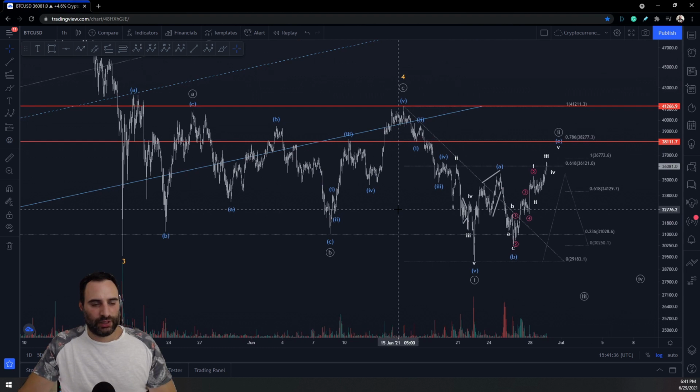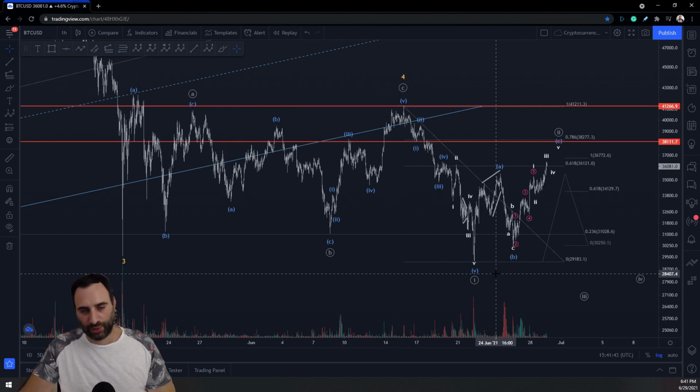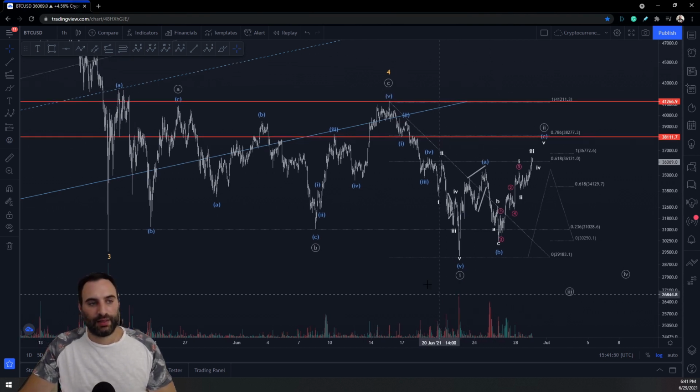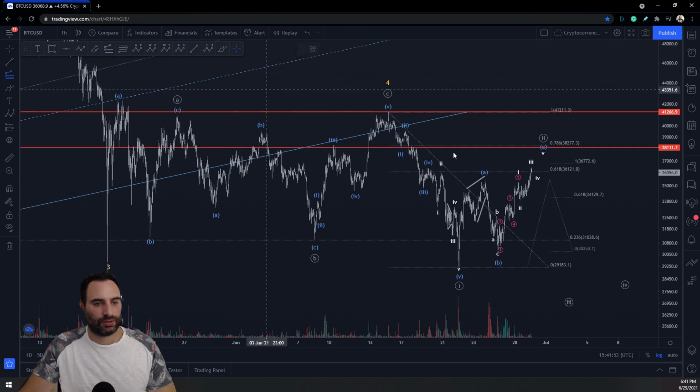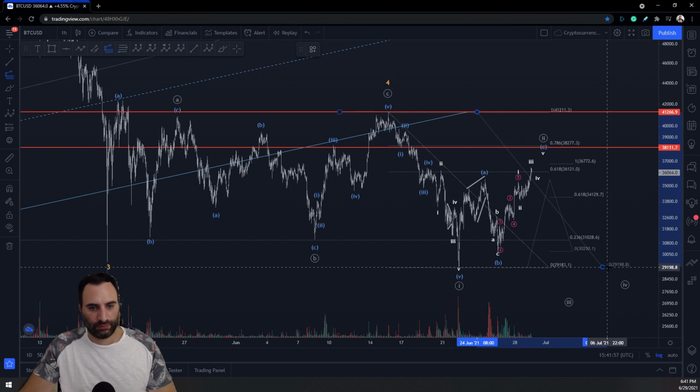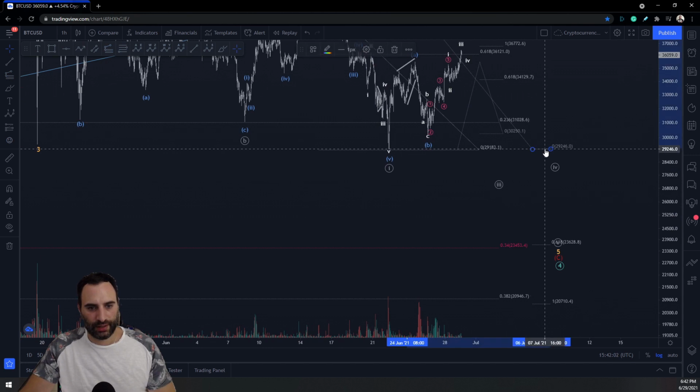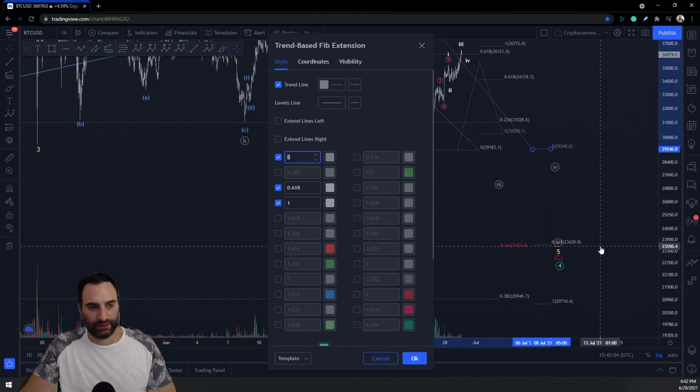The other thing we can do is measure wave 3 and assume wave 5 is going to be identical, or wave 1, but most likely in cryptos wave 5 and wave 3 are identical, or even wave 5 is larger than wave 3. The other thing we can do as well is take wave 1, because we have that already in, and work out, look at this, the 61.8 comes exactly at where we're expecting to go.